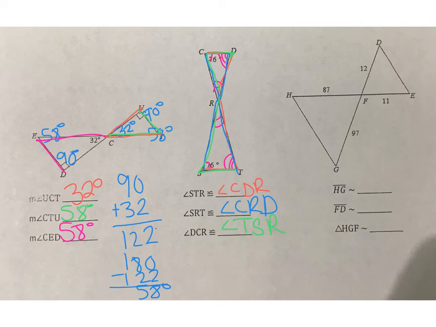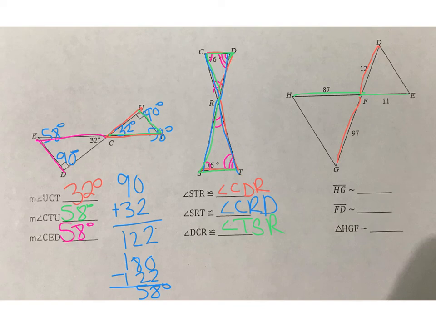So for this next one, it's actually flipped, okay? So think about it is that HF here is actually similar to FE. And then because they're both the smaller ones, then DF is similar to FG, okay? So if we have FG, HG.